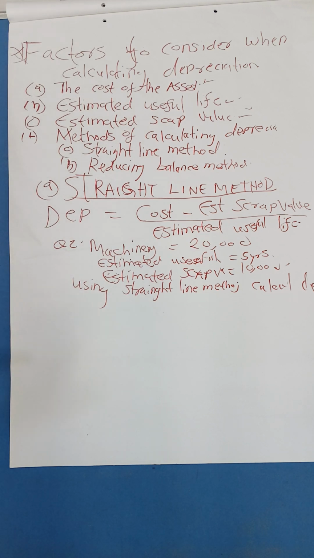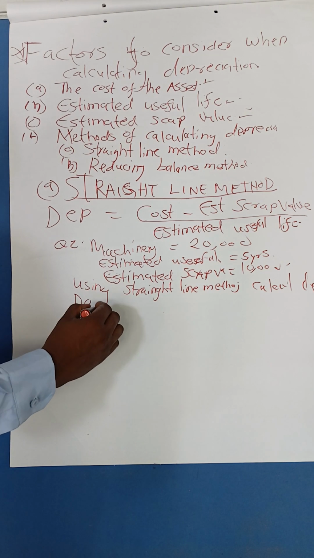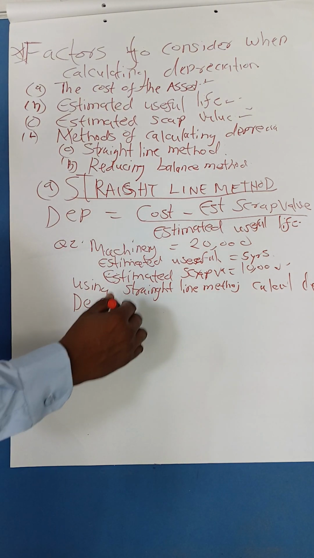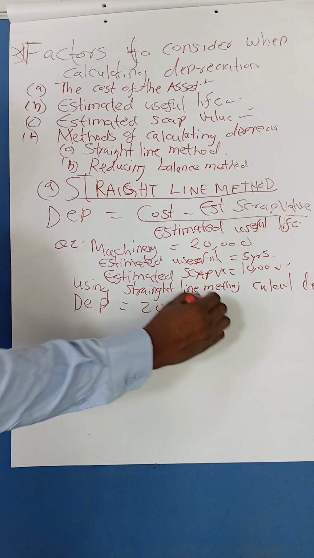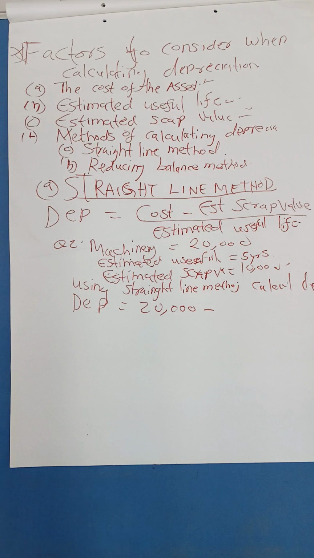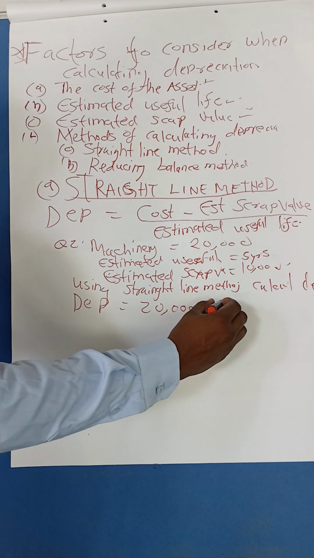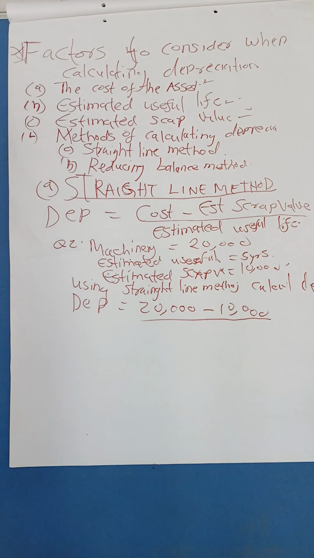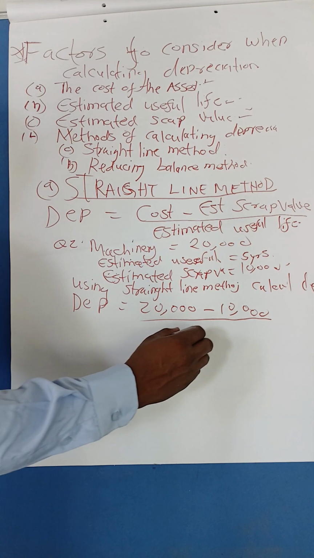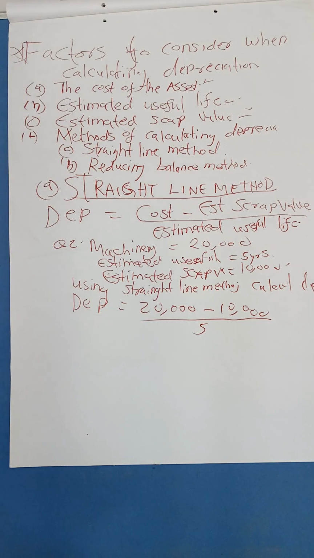Now we know the factors that enable us to get the depreciation. Depreciation equals the cost, initial cost was 20,000, minus the estimated scrap value, we have been told it will be 10,000. Then you divide by the estimated useful life. We have been told it will be used for 5 years. So you divide by 5.